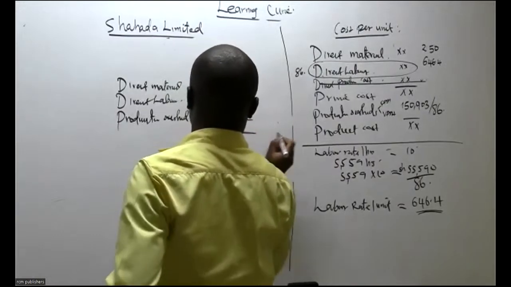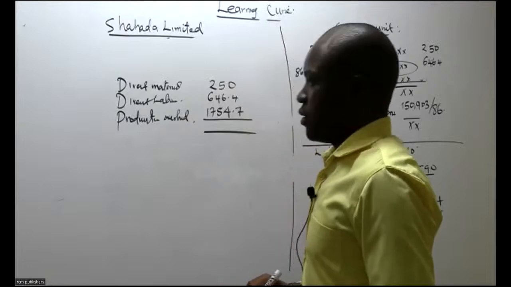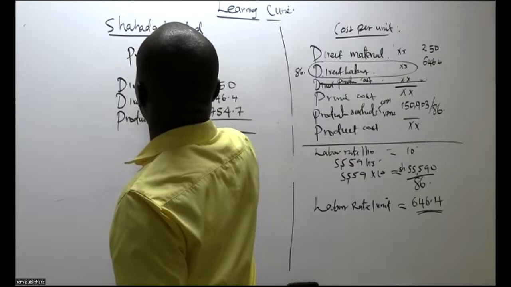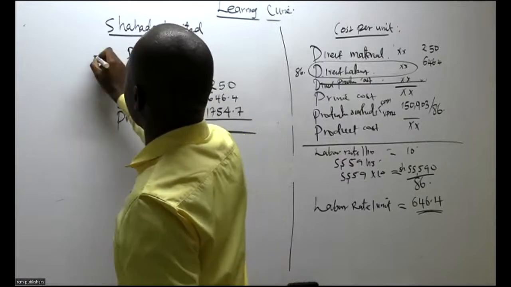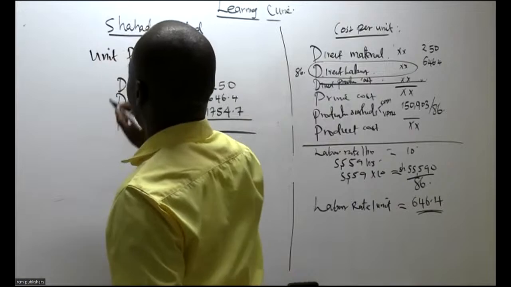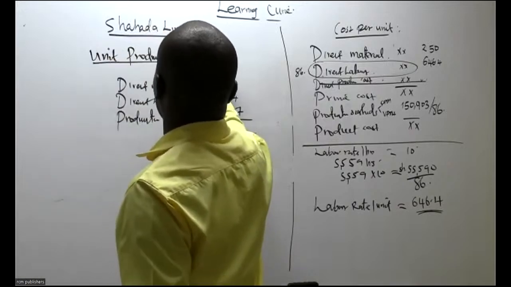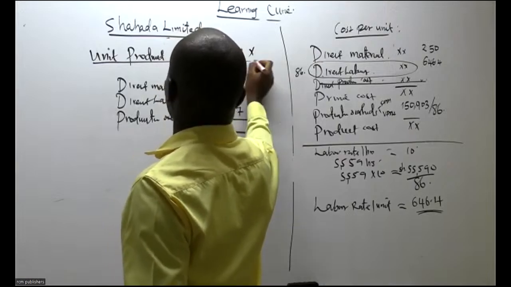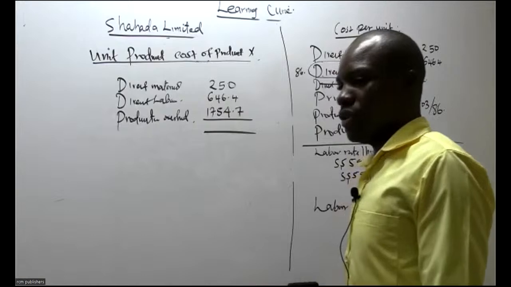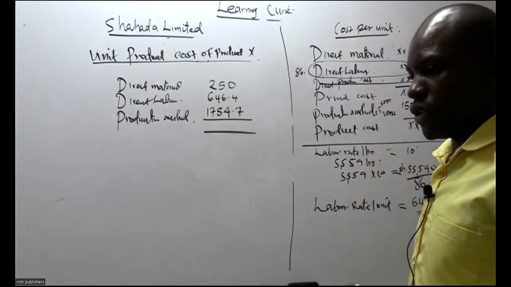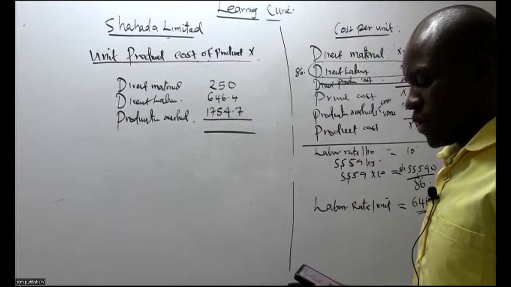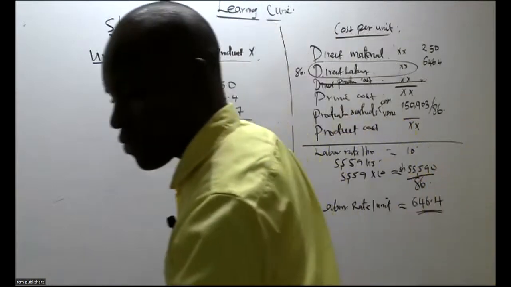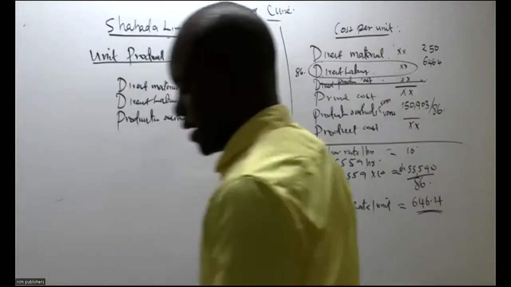When we add all that, what will you have? Just say unit production cost or product X. Let's add that.